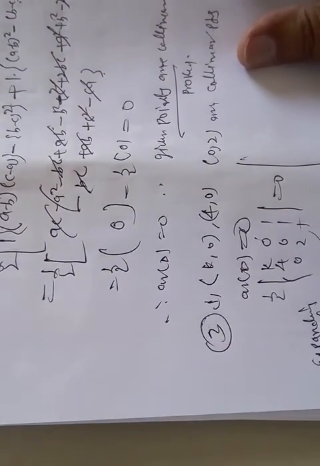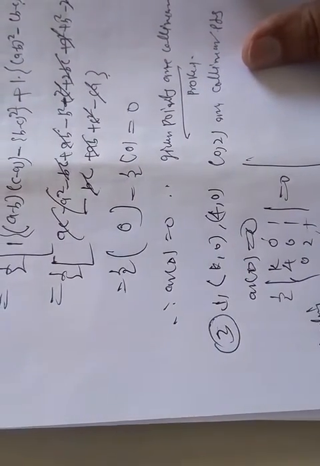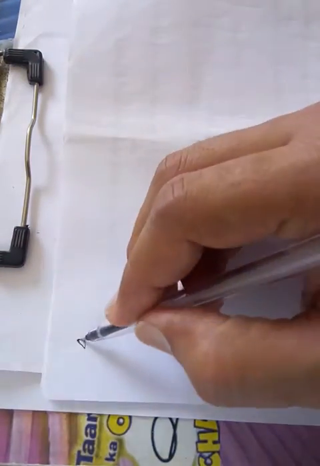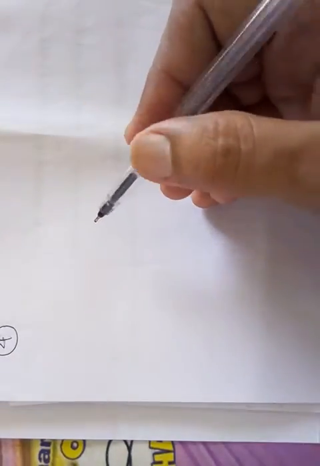And question number 20 is using the line. Question number 4 is an important question, an Example 18 type.